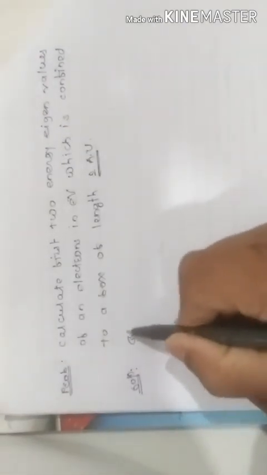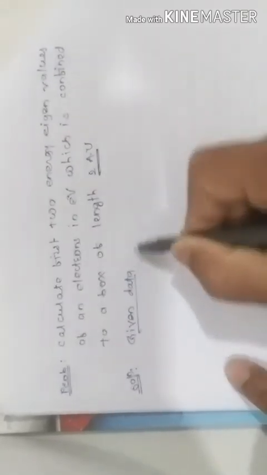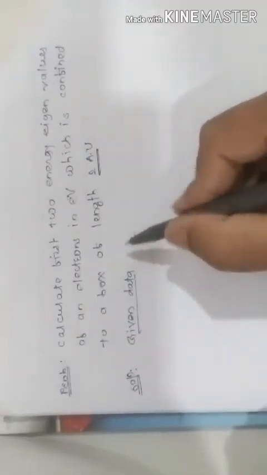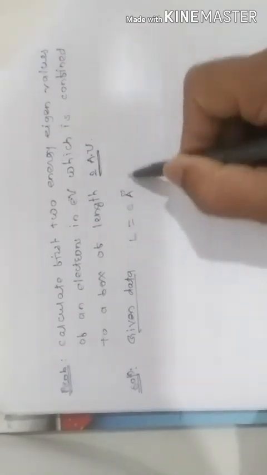The given data: L, the box length, is 2 angstrom units, 2 into 10 raised to minus 10 meter.